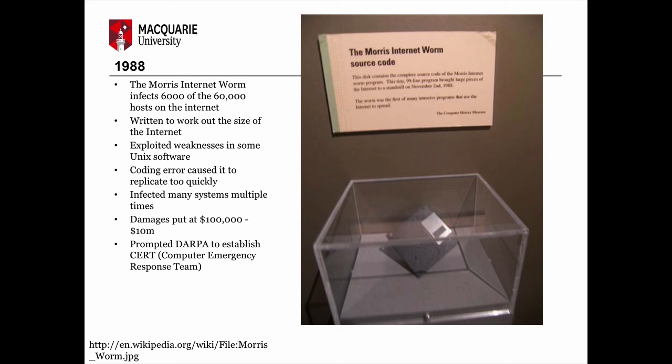The damages were estimated to be $100,000 to $10 million, and it really prompted the establishment of this computer emergency response team, which was sort of like the repair team for the internet. But really this is the very first, and it wasn't a malicious use of this kind of technology, but the first worm and sort of virus, if you like, to get into the system.